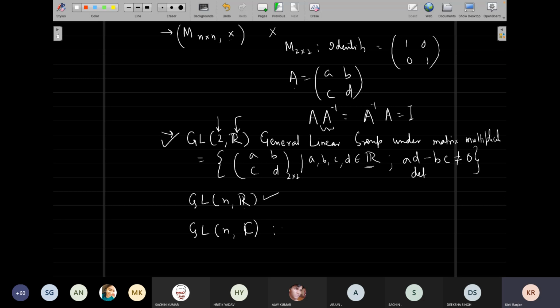So this will be n cross n complex matrices with determinant not equal to 0 under matrix multiplication. They form a group.